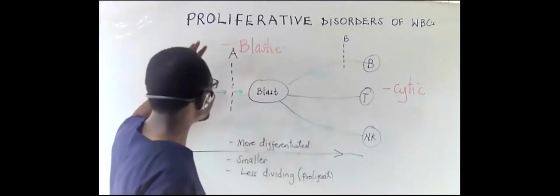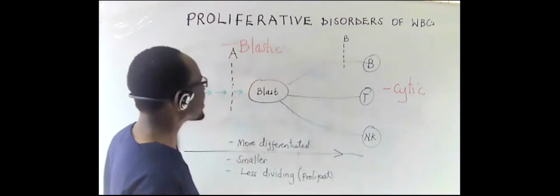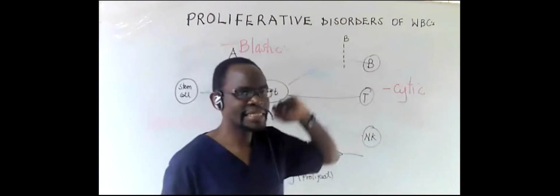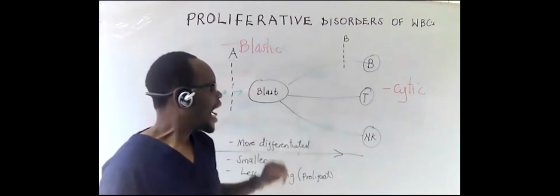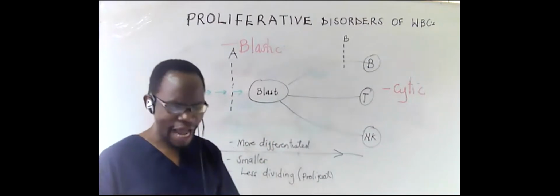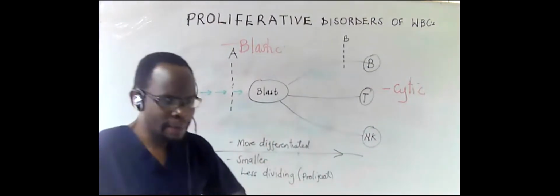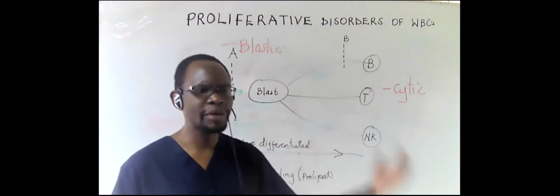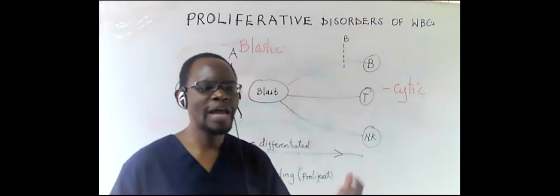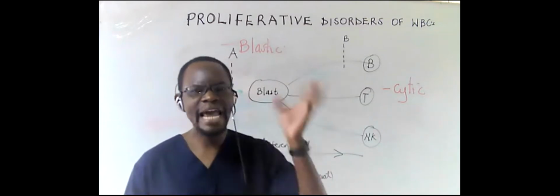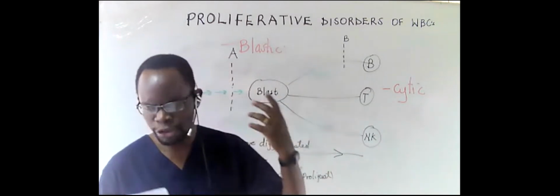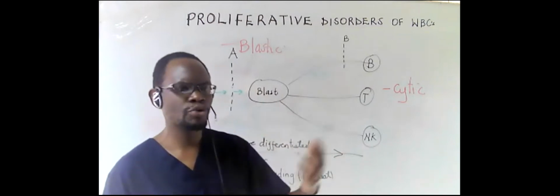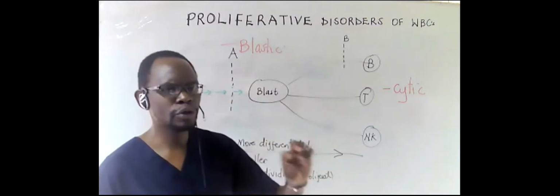So basically, blastic, cytic. I felt you should understand that before we go into the details of leukemias, because you're going to realize that there are some types that really tend to confuse. So you should be able to understand that.